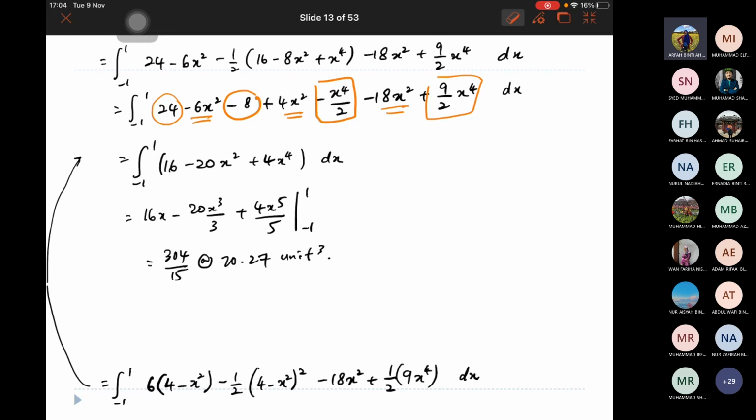So yang penting, the most important part is for you to define what will be the sketching of the solid, and then from there you will determine the, what we call it, the boundary of the integration. Faham semua?